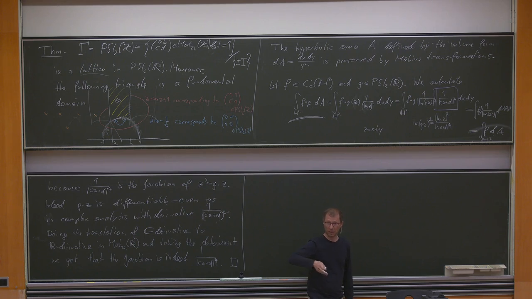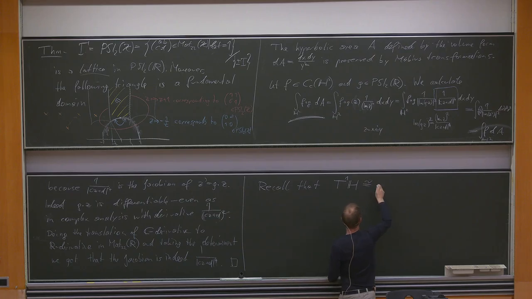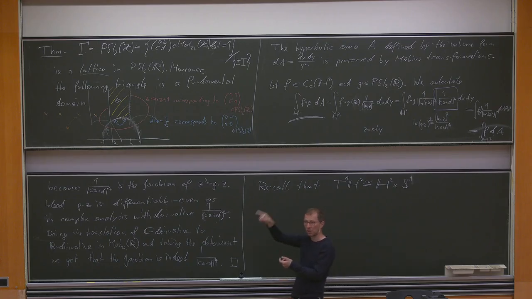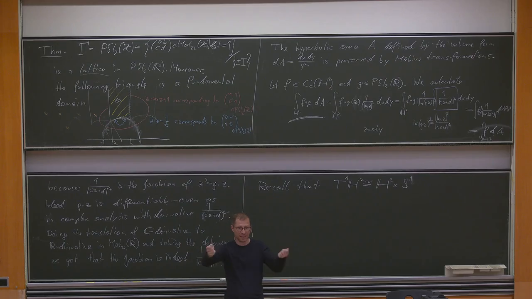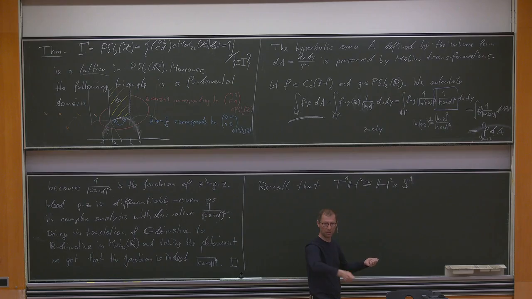Recall that the unit tangent bundle is my hyperbolic plane cross the circle, because at every point I attach a circle. The size of the vectors I already know, because they're supposed to have hyperbolic length 1, so there's no information in the size. All I need is an additional angle parameter.